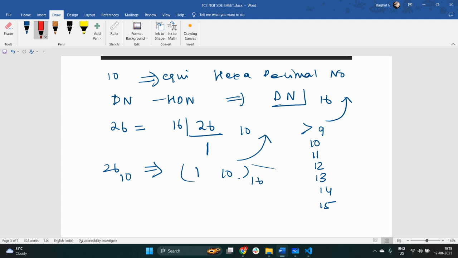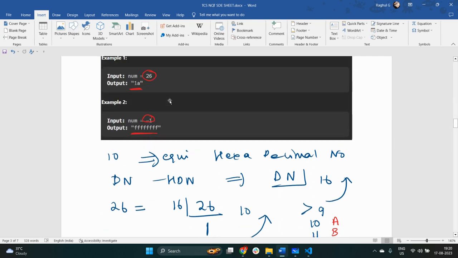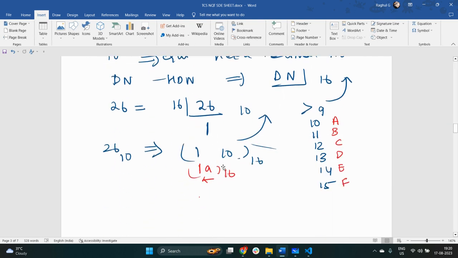For 10 it is a, 11 is b, 12 is c, 13 is d, 14 is e, 15 is f. So the equivalent is going to be 1a. Am I right? So clear? This is how it's going to be.